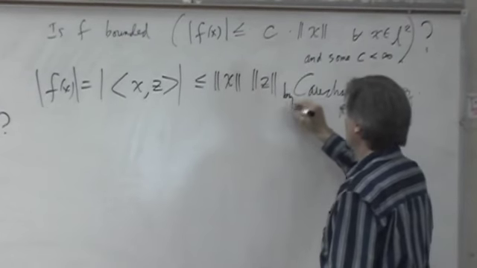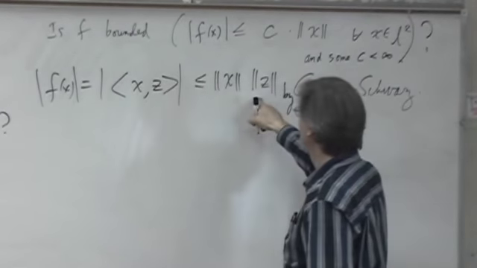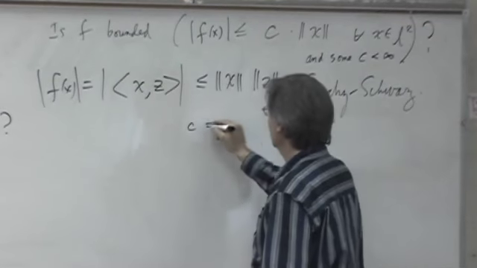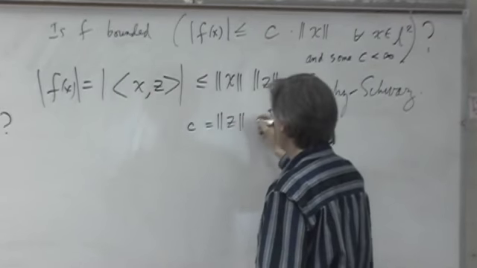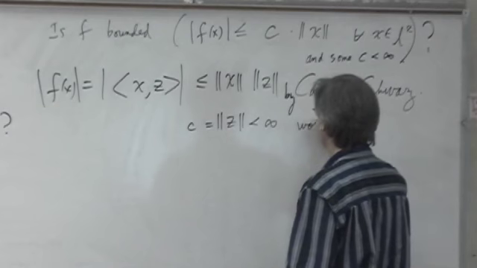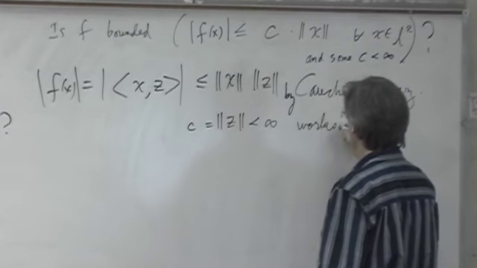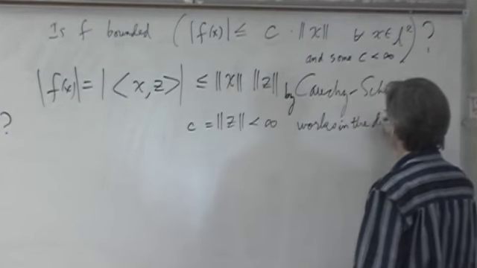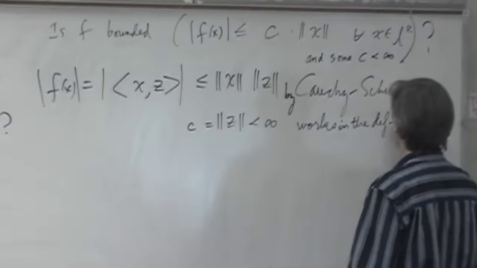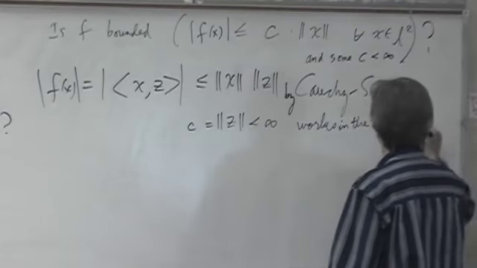Therefore, indeed, little c equals norm z, which is finite, works in the definition of boundedness.